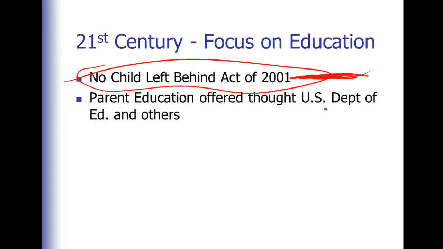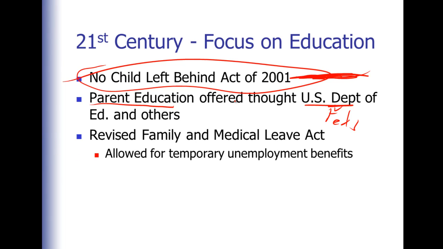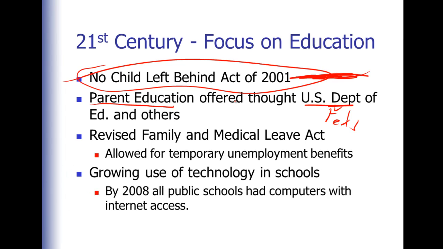Then parent education offered through the Department of Ed. And again, the federal government, this is U.S., means the feds will educate the parents. Very interesting to me. I can't get my head around that. And then revise this Family and Medical Leave Act to allow for temporary unemployment benefits. Yeah, while you had your family. And the growing use of technology in the schools.